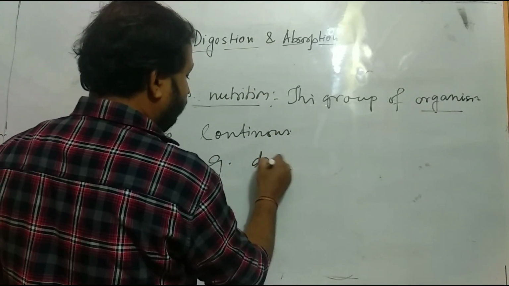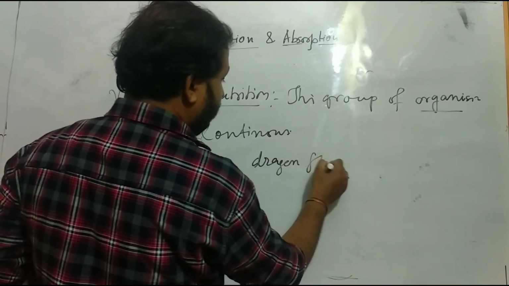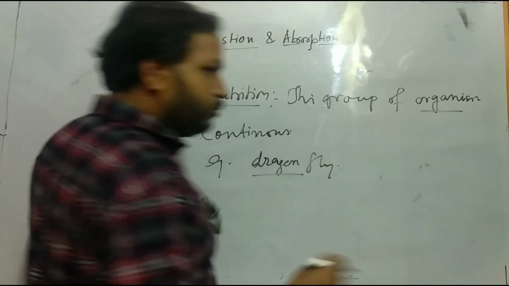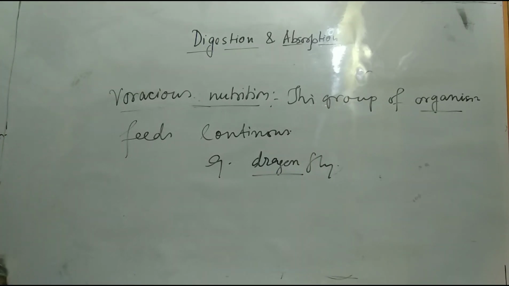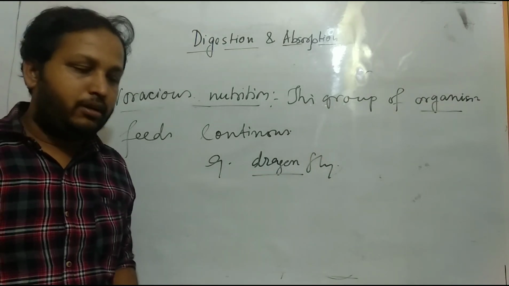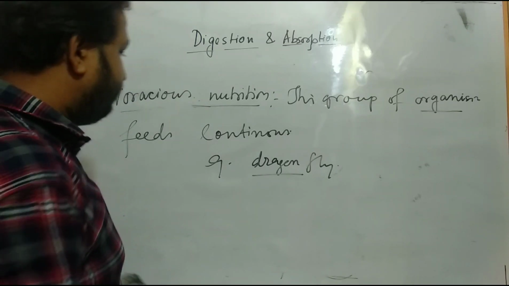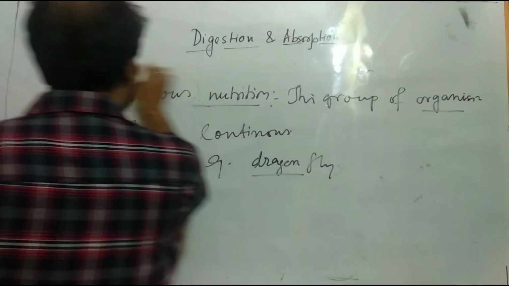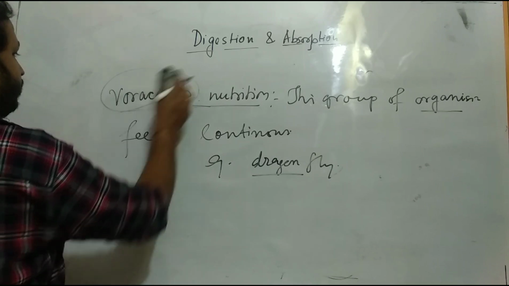Example, dragonfly, or some small insects. They feed on some herbs. They take the leaves of some herbs and continuously eat them. So this is called voracious nutrition.